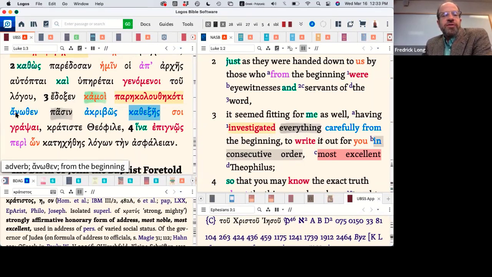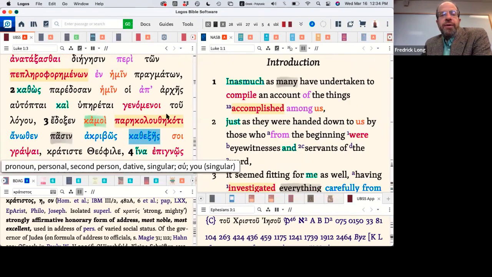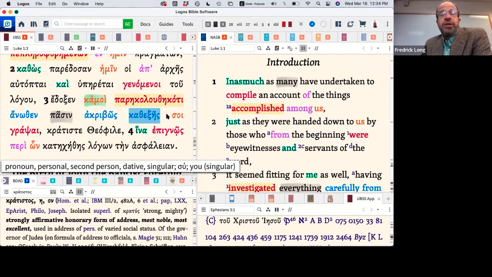But in terms of a preaching point or a teaching point, yeah, from the beginning, accuracy, and then laid out in order. But I think the in order is the narrative construct that Luke is going to be providing. Which becomes really interesting when you compare the synoptic gospels, Matthew, Mark, and Luke.